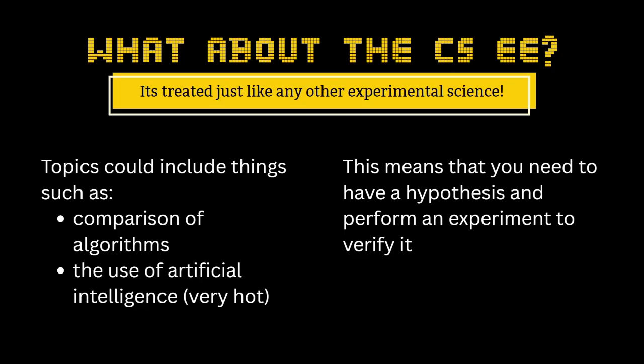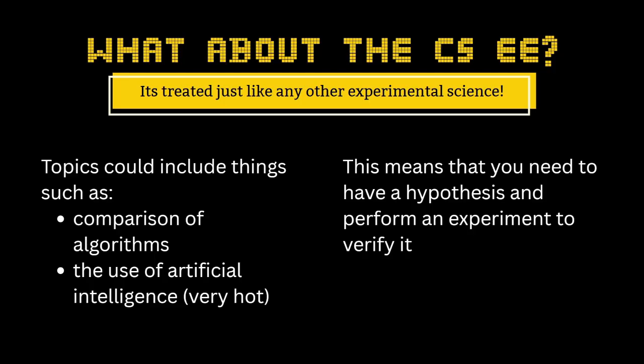And now let's talk about the computer science EE. So the computer science EE is treated just like any other experimental science. So this means that you need to have a hypothesis and create an experiment to verify it, or I guess perhaps disprove it if you're contradicting it. So some topics that are common is the comparison of algorithms, and more recently, a very hot topic is the use of artificial intelligence.